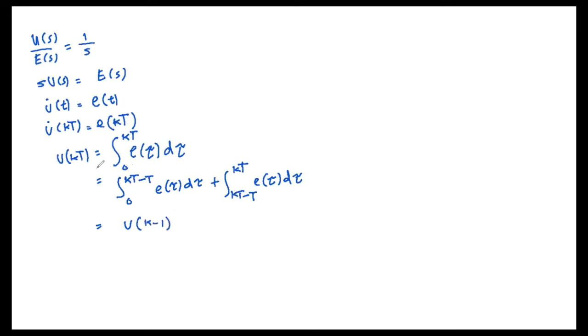And the reason for that is, if we substitute in this equation, in place of kT, kT minus T, then it becomes the integral from 0 to kT minus T of e of tau d tau.